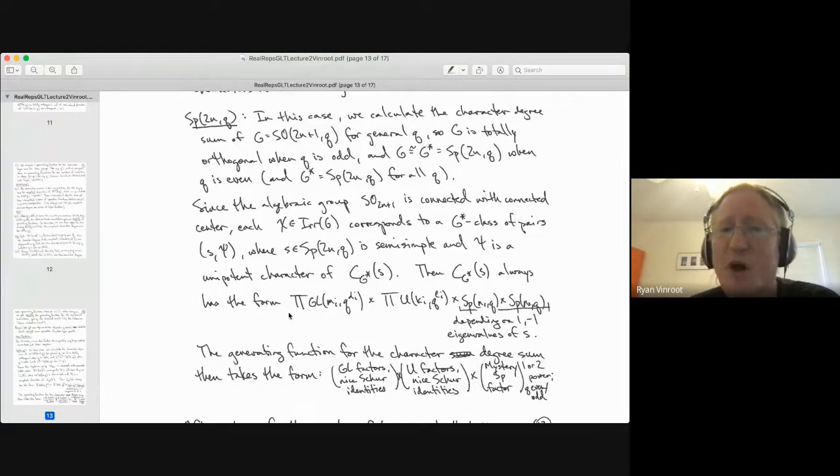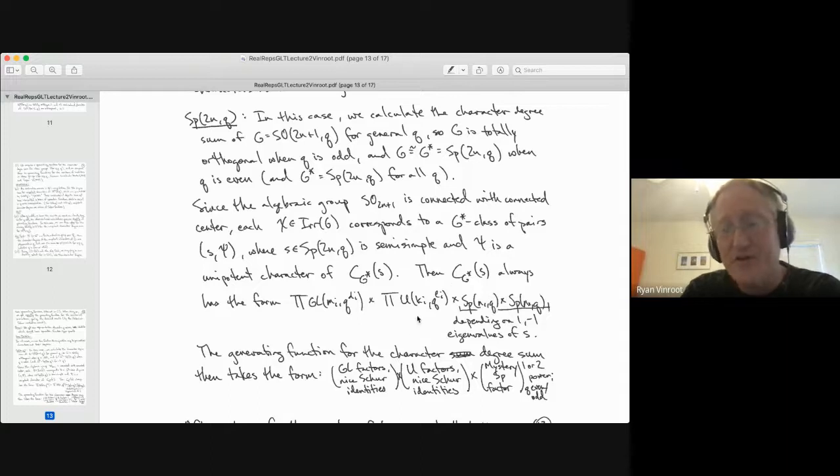And it turns out all of the centralizers look as follows. They're a product of GL_N's, a product of unitaries, and then depending on whether that semisimple class has 1 or -1 eigenvalues, we get a couple of symplectic factors. And then a unipotent character of such a centralizer is just a product of unipotent characters. So we get some unipotent characters of GL, which have a hook length formula, as we saw last time.